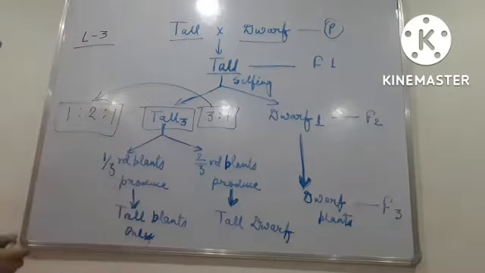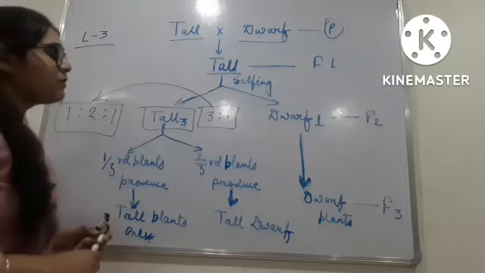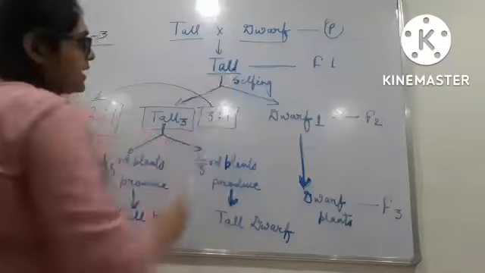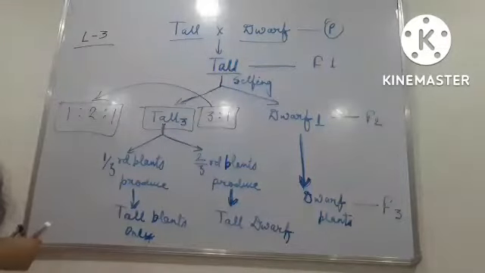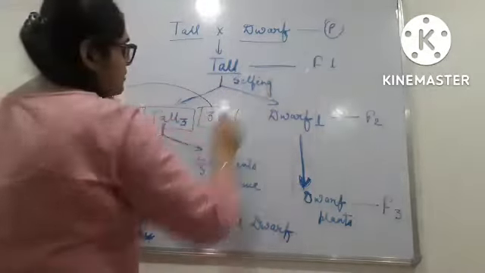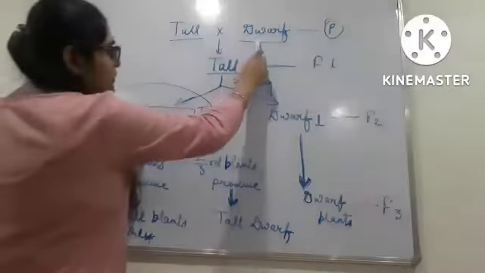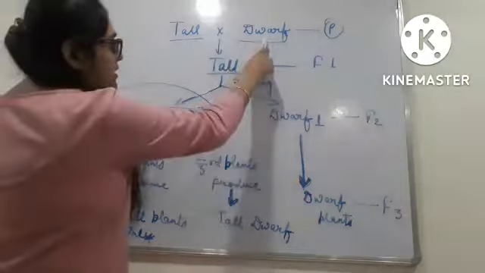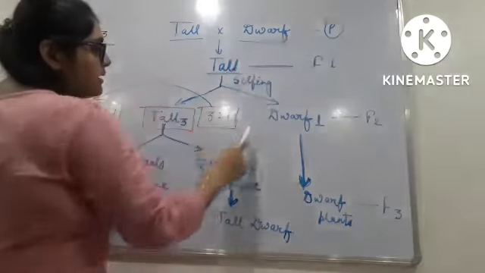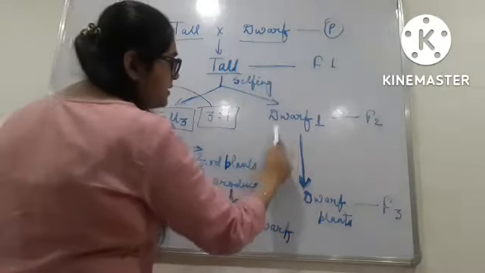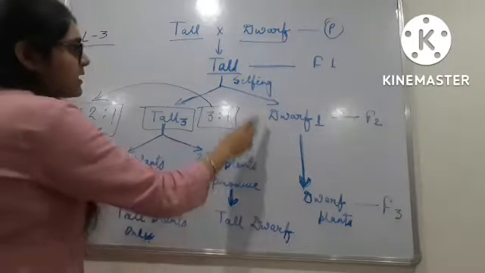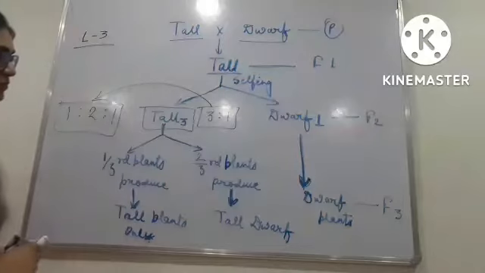What he observed was that only one of the parental traits, which is tall, appeared in F1 generation. The other trait, which is dwarf, did not appear in F1 generation, but the trait which did not appear in F1 generation appeared in F2 generation, same as the parental form.